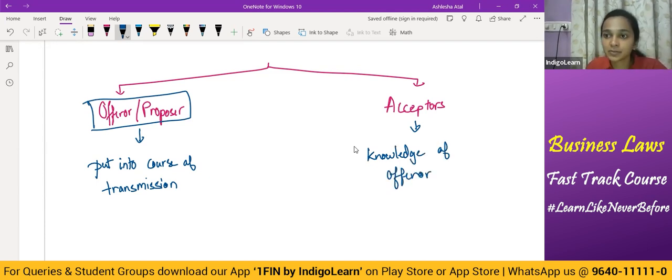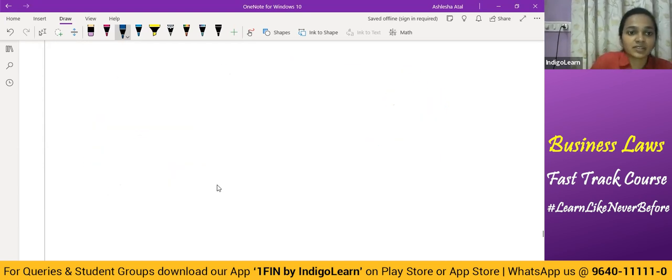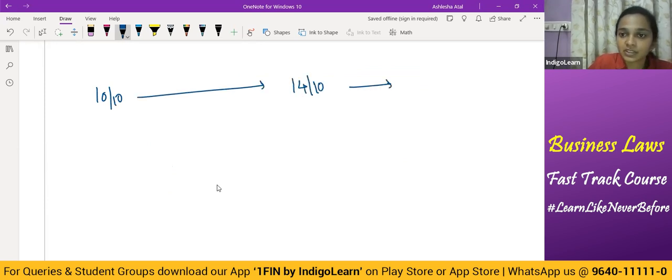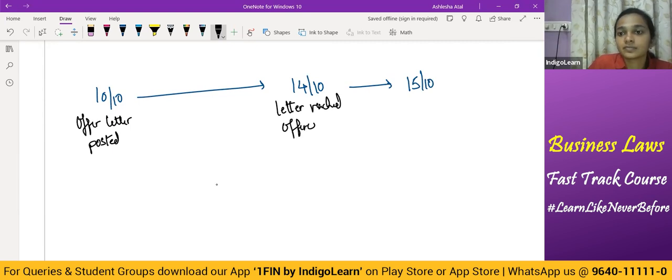Let's understand this with the help of an example. Now say 10th of October, 14th of October, 15th of October. Let's continue with the above example only. So this was the date when the offer letter was posted. Letter reached offeree. Offeree read the letter.